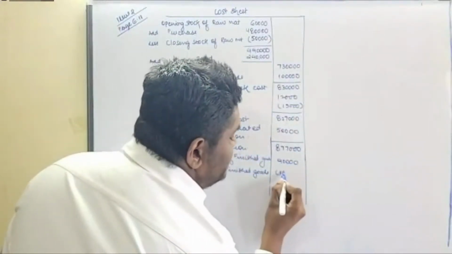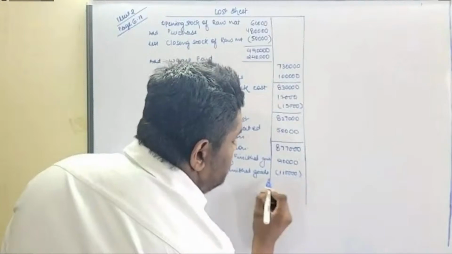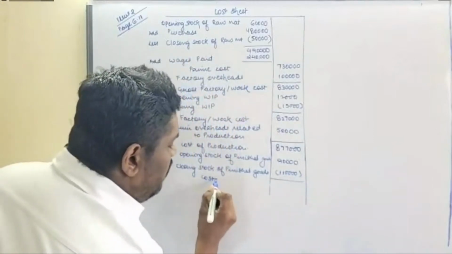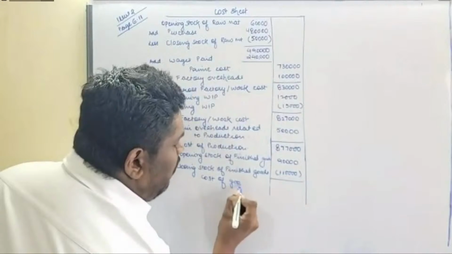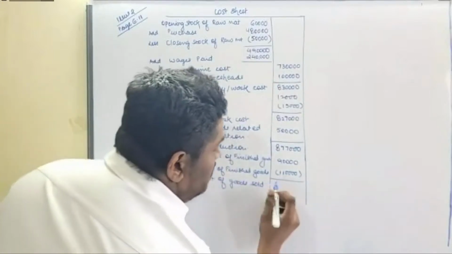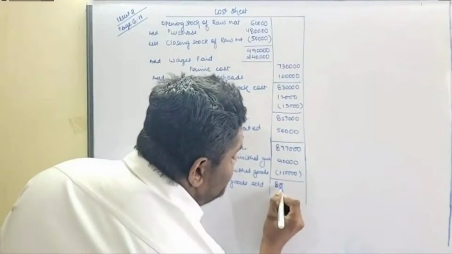And closing stock is given, that is 1,10,000. So this will be cost of goods sold. This will be 8,57,000.